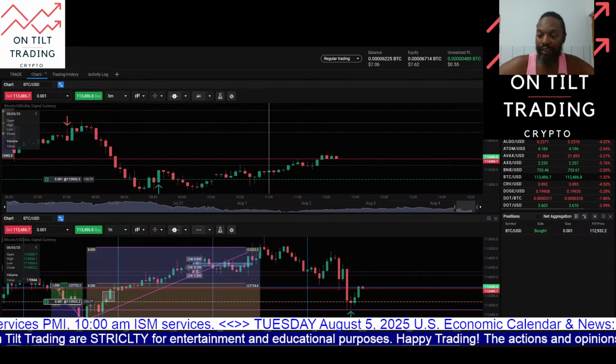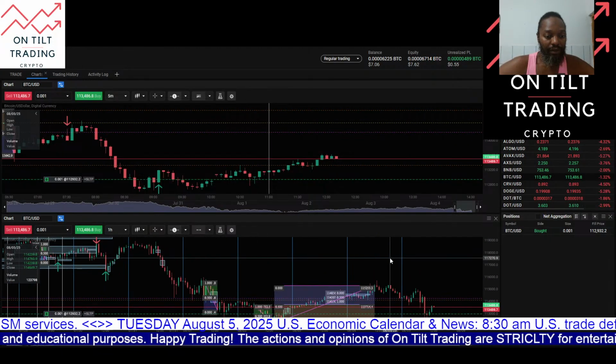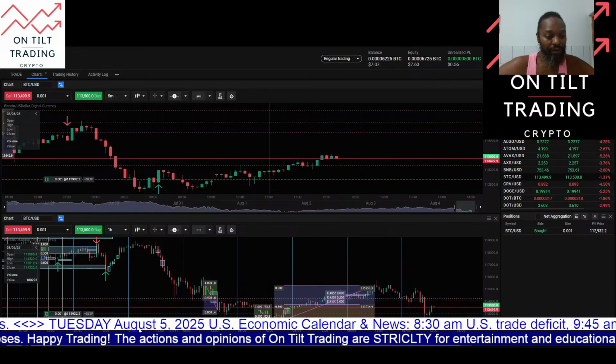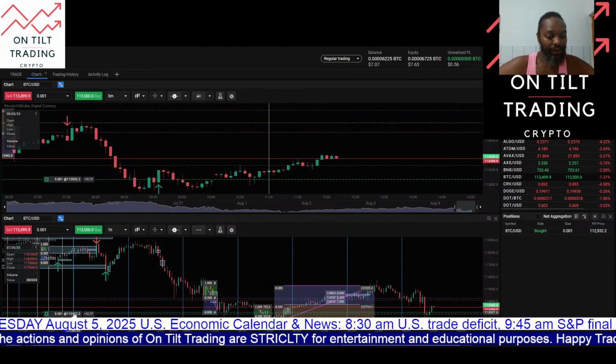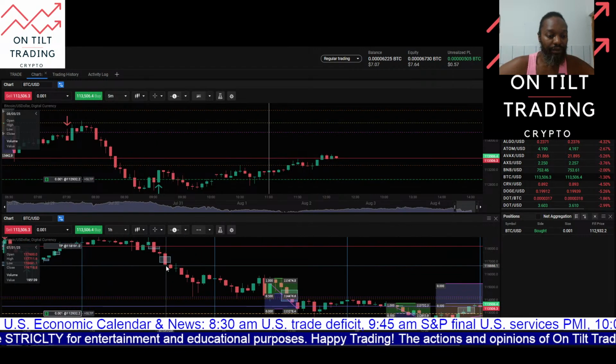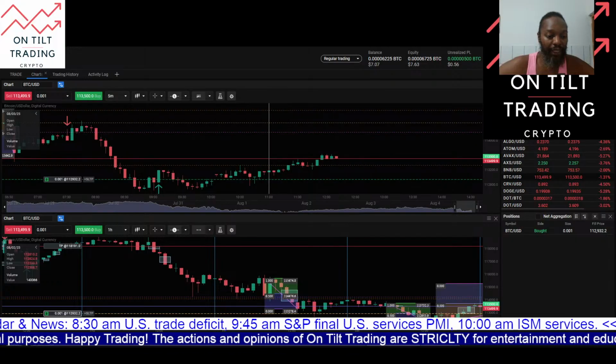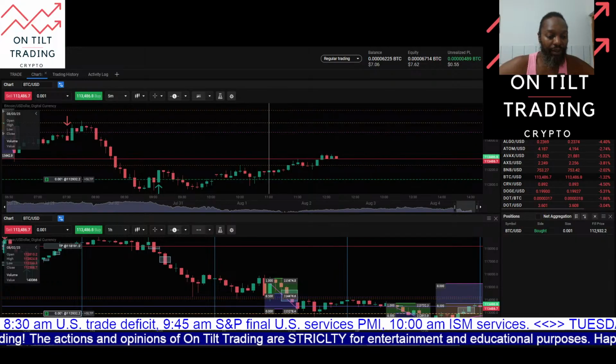And then for take profit, got take profit here, targeting this fair value gap, the rebalance of this fair value gap here.